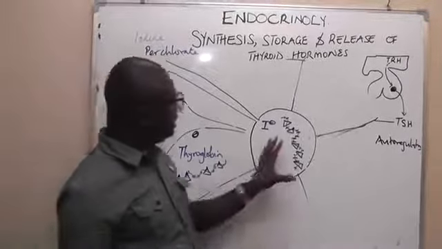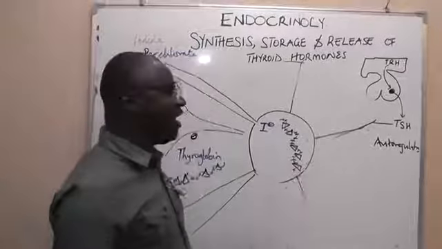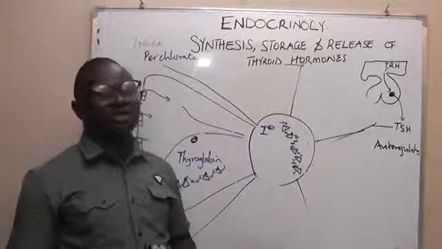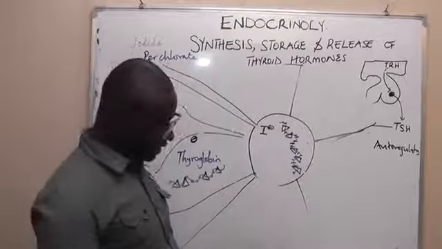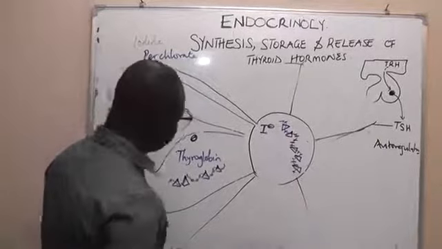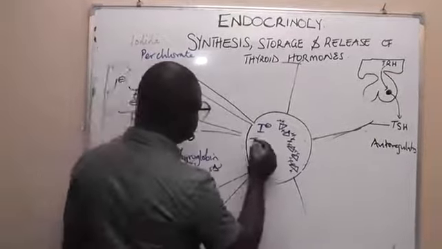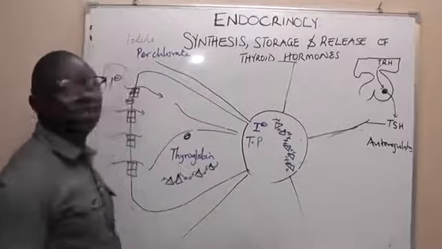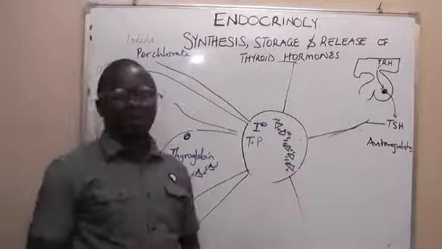Now, within this lumen, we have a special enzyme that, please, I won't advise you to forget. The name of this enzyme is thyroid peroxidase, right? What's the name of this enzyme? Thyroid peroxidase.